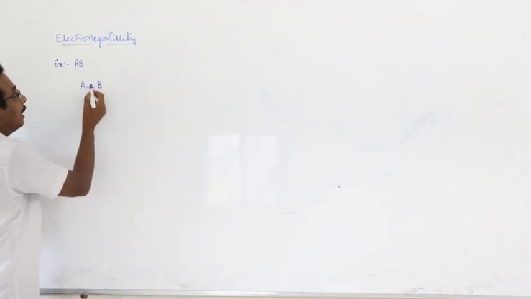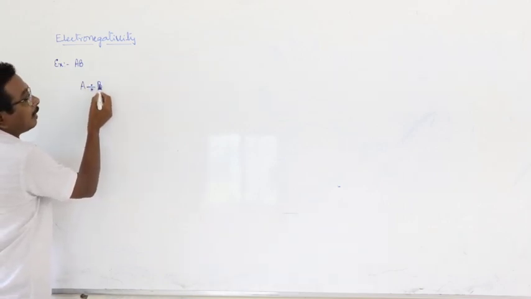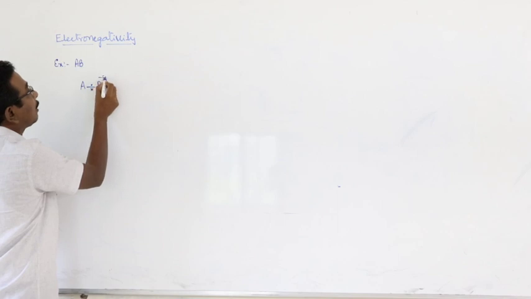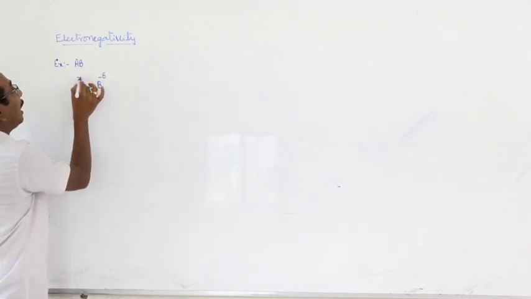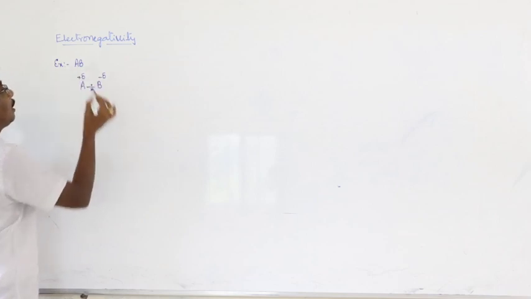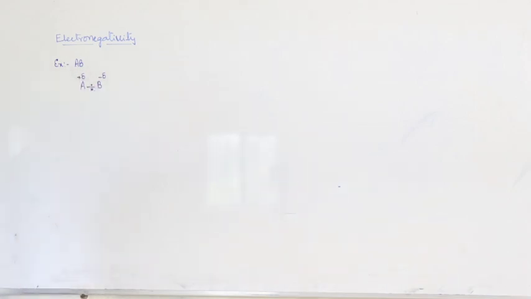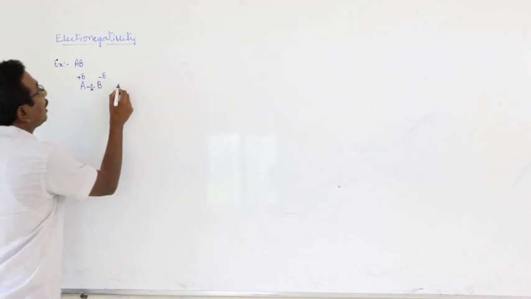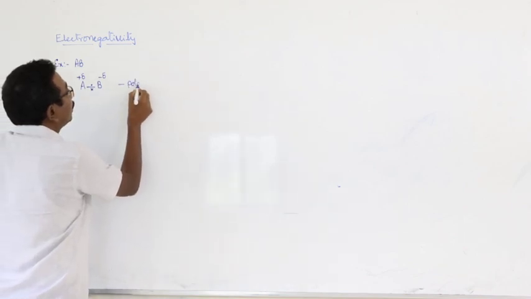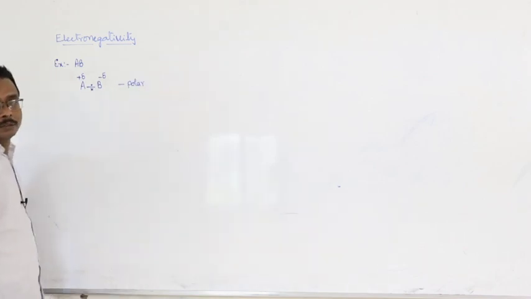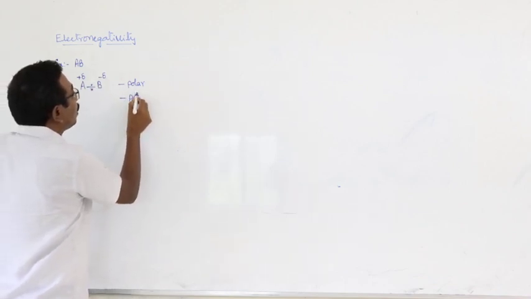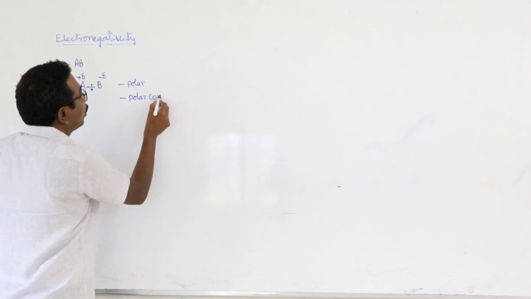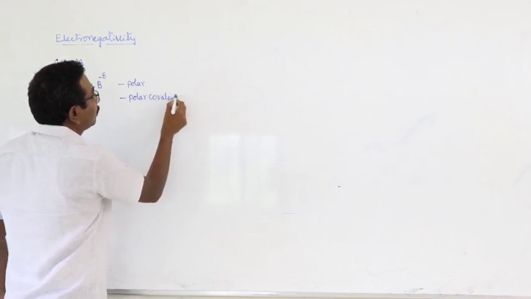Suppose the bond pair is shifted towards atom B, then B acquires a partial negative charge. Automatically, atom A acquires a partial positive charge, and the molecule becomes polar. Such a covalent bond is known as a polar covalent bond.